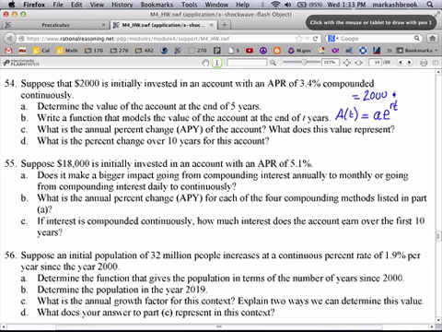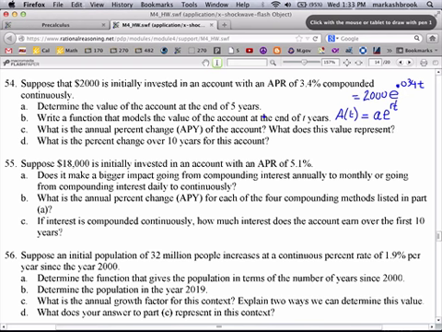E is that number, 2.71828, etc. What is r? 0.034. So it's the continuous rate as a decimal, to the t. Okay, so that's the function that models the growth of our money.